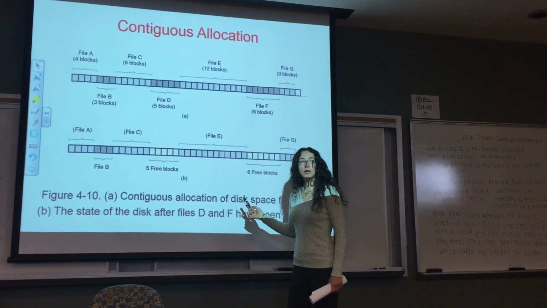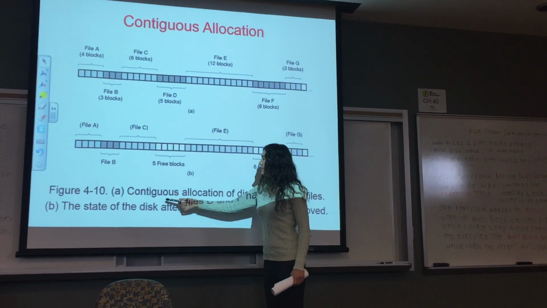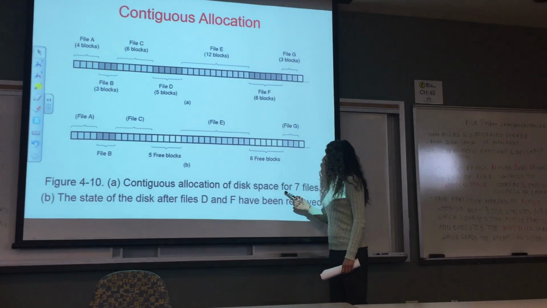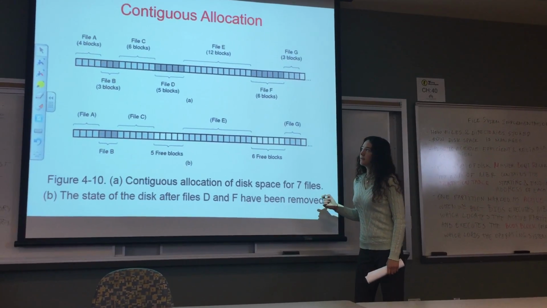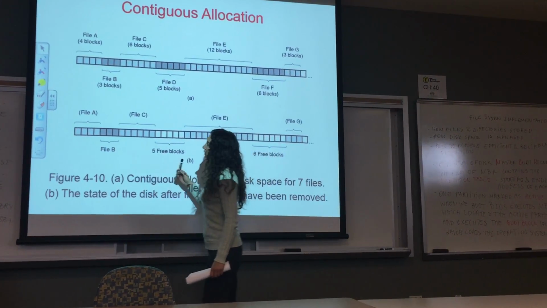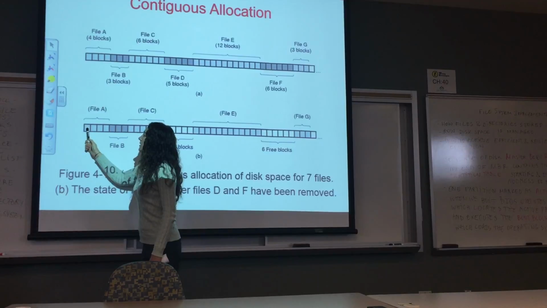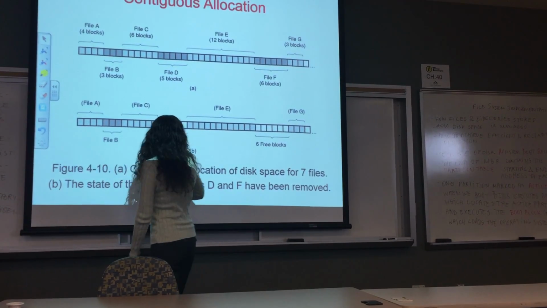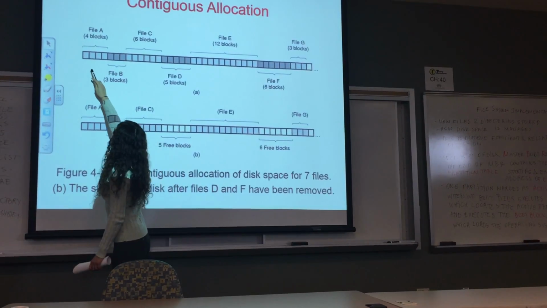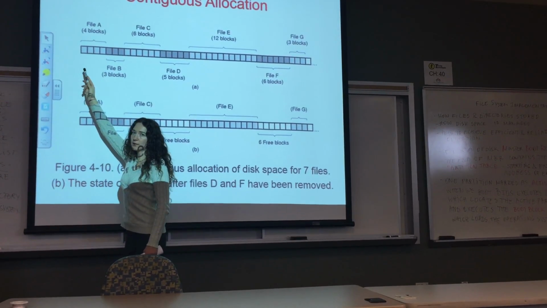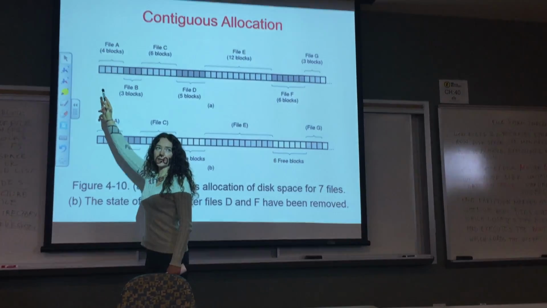The simplest way to do that is called contiguous allocation of disk space, which means if the file takes one block, then good, we'll put it in one block. But if it needs 4, then we assign 4 blocks contiguous, which means they're next to each other for that file.